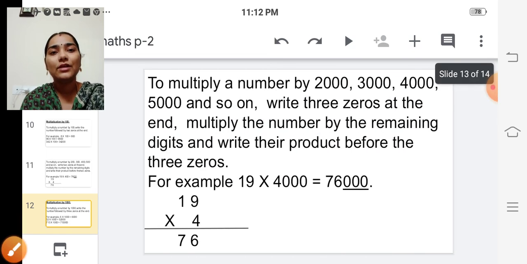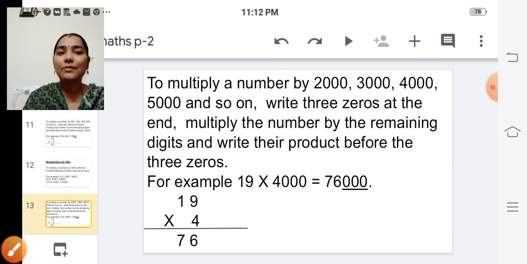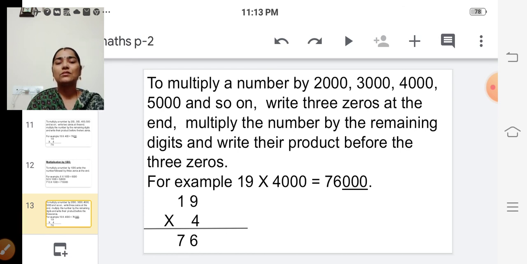So we'll move on to the next one. To multiply a number by 2000, 3000, 4000, 5000 and so on, write 3 zeros at the end. Multiply the number by the remaining digits and write their product before the 3 zeros.